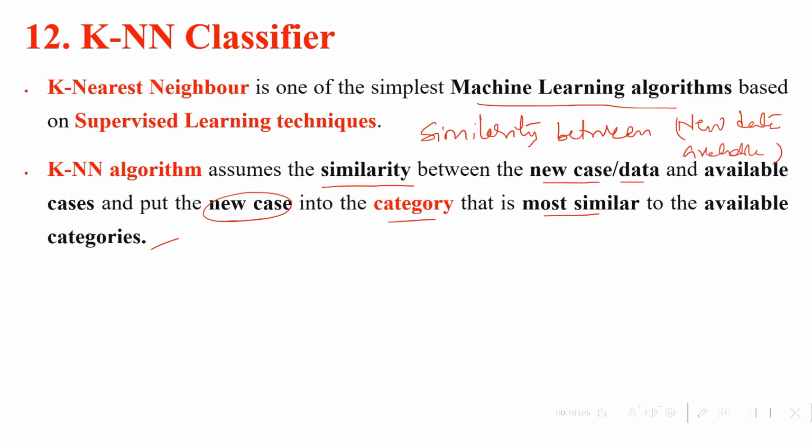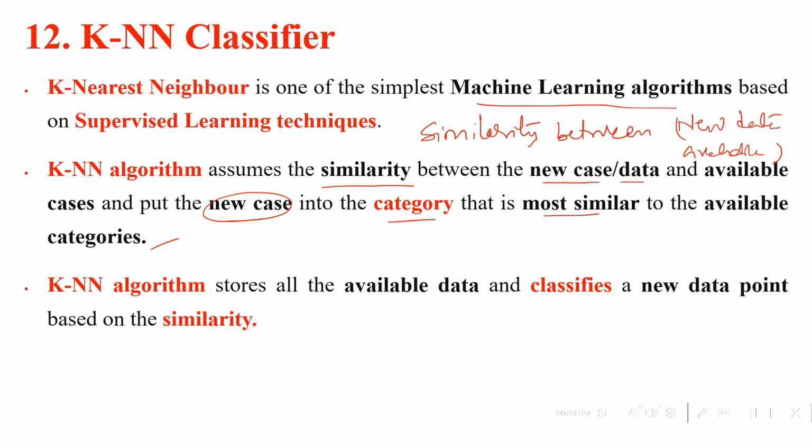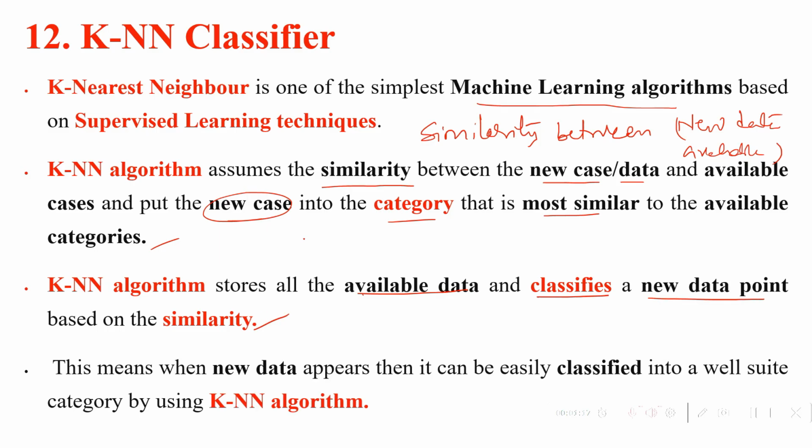The KNN algorithm stores all the available data and classifies the new data point based on the similarity. This means that when a new data point appears, it can be easily classified into a well-suited category by using the KNN classifier algorithm.